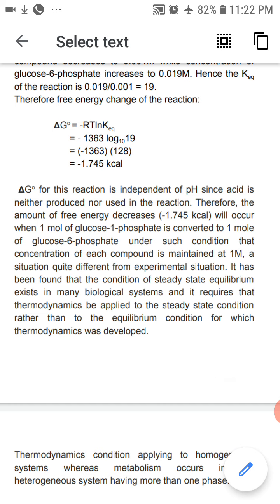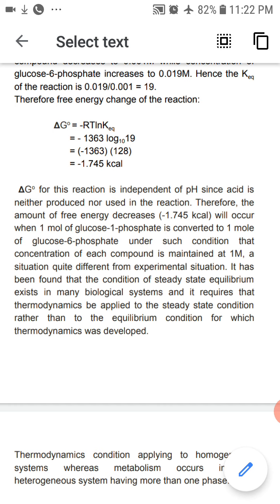It was found that the condition of steady state exists in many biological systems, and it requires that thermodynamics be applied to the steady state condition rather than the equilibrium condition, for which thermodynamics was developed.